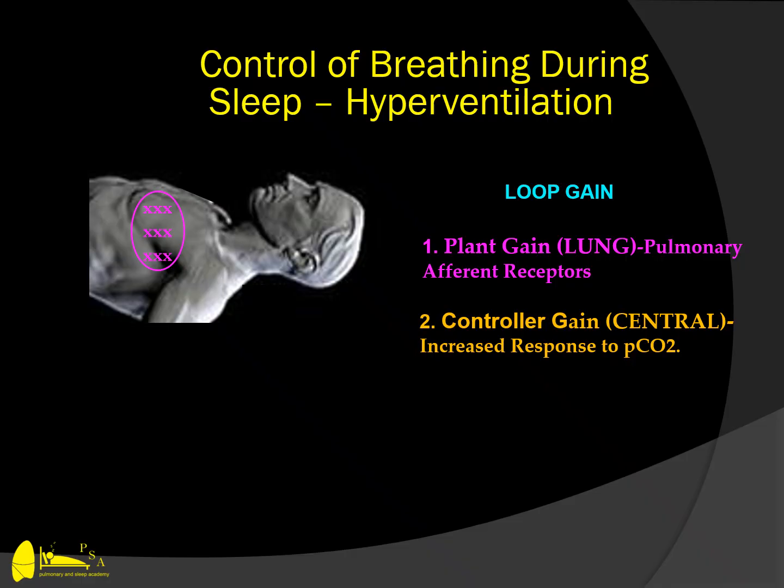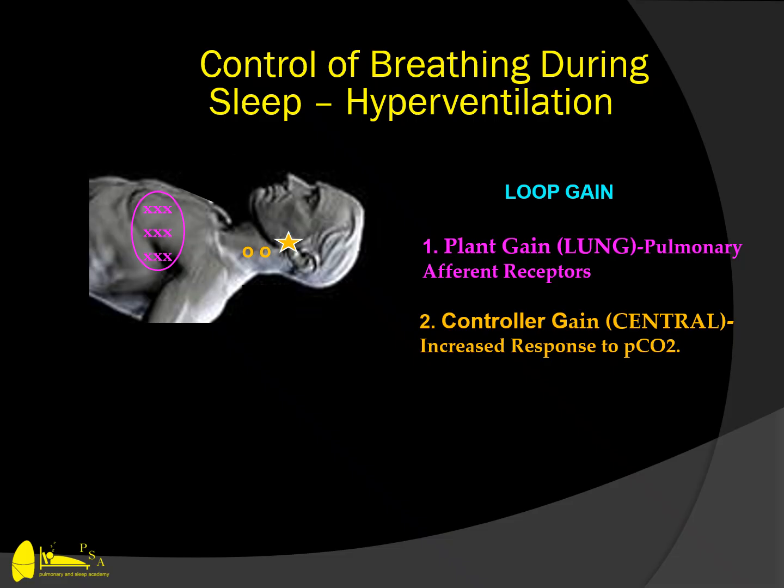The second part of this then is controller gain, and controller gain refers to the central respiratory centers that are sending back an amplified signal to the respiratory muscles. And these two conditions can occur independently, and in conditions such as congestive heart failure, it's also easy to see how the two can occur at the same time. For instance, if the carotid bodies are sensing low oxygen level from CHF, it will send a message to increase respiratory drive on that basis as well.